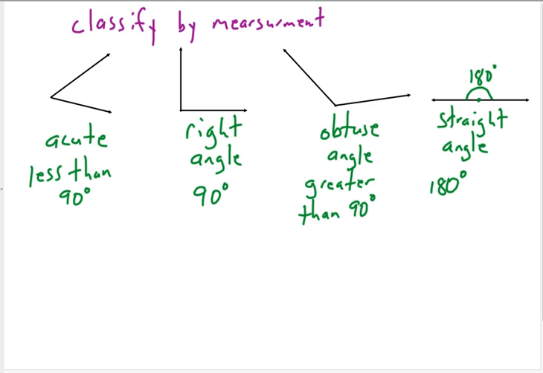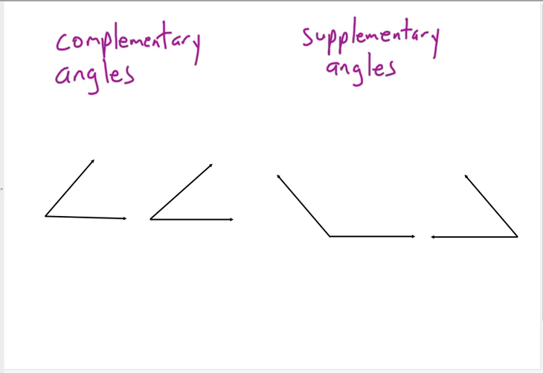All right, let's move on to talk about complementary and supplementary angles. Complementary angles are angles that add to 90 degrees. Supplementary angles are angles that add to 180 degrees.